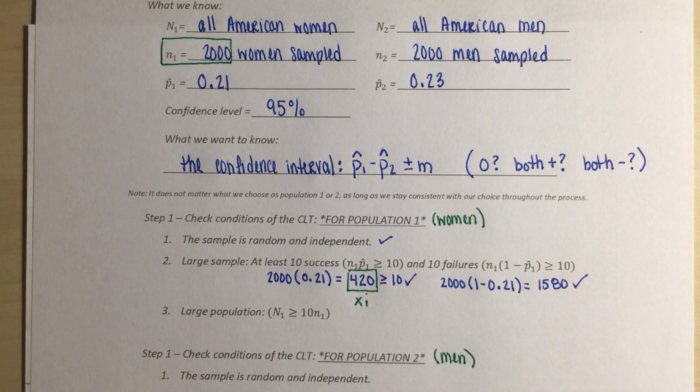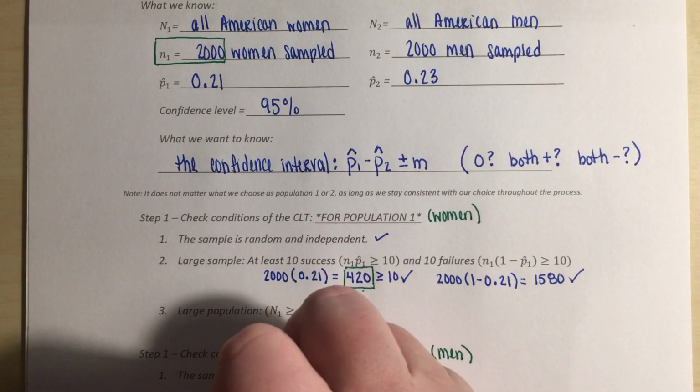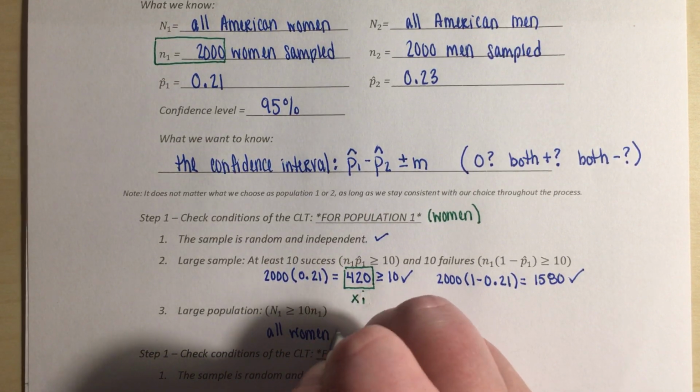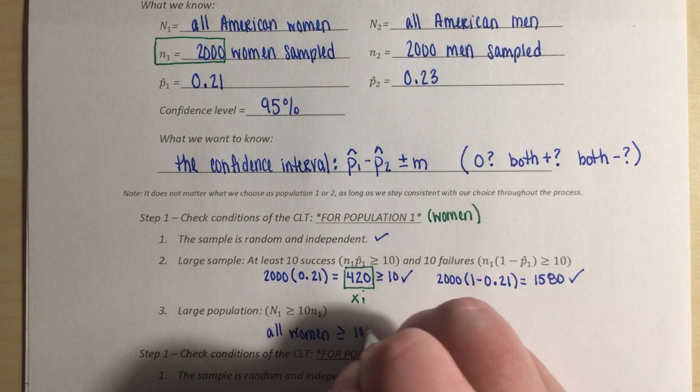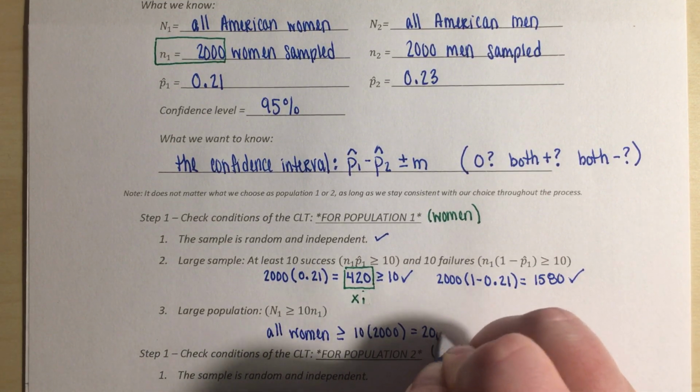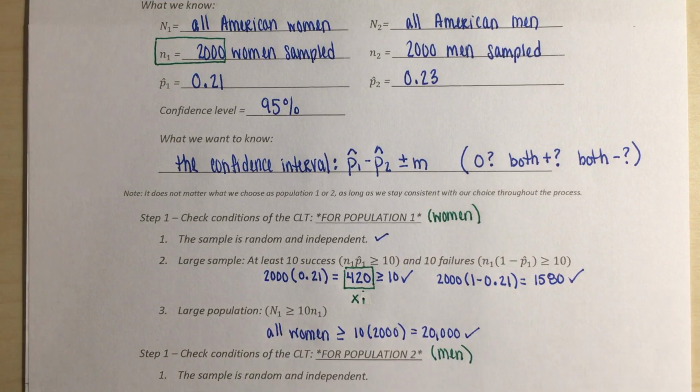Our large population, all women, needs to be greater than or equal to 10 times 2,000. Well, 10 times 2,000 is simply 20,000, and there are definitely more than 20,000 women in the United States.